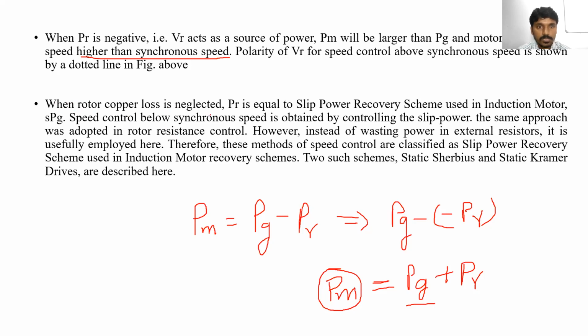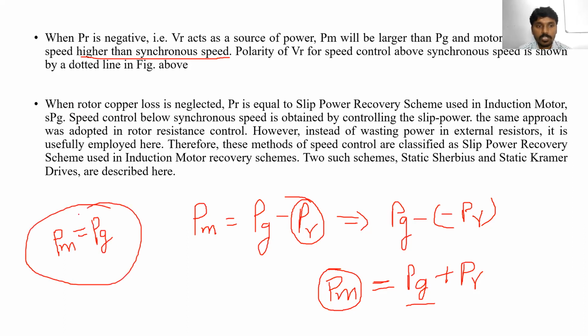When the rotor copper loss is neglected, PR is equal to the slip power recovery. So when the rotor copper losses are neglected, PM is equal to PG. The mechanical power developed by the rotor circuit is equal to the air gap power. Clear?